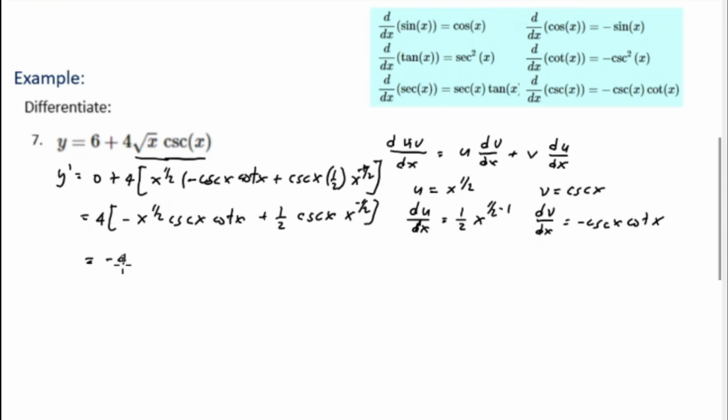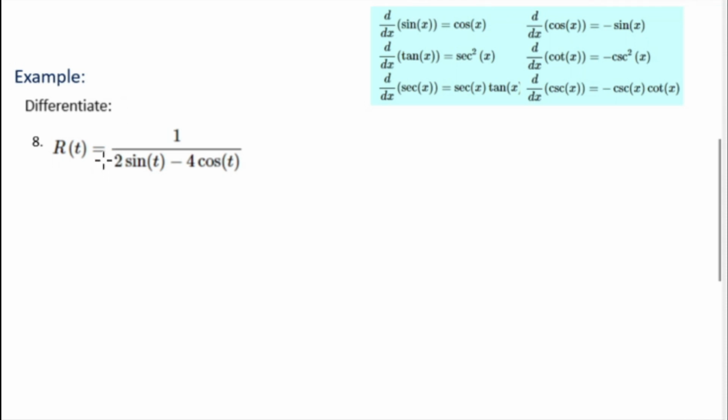So negative 4 x to the 1/2 cosecant of x cotangent of x, plus 1/2, or 4 times 1/2, this will be 2, 2 x to the negative 1/2 cosecant of x. And this is the derivative.